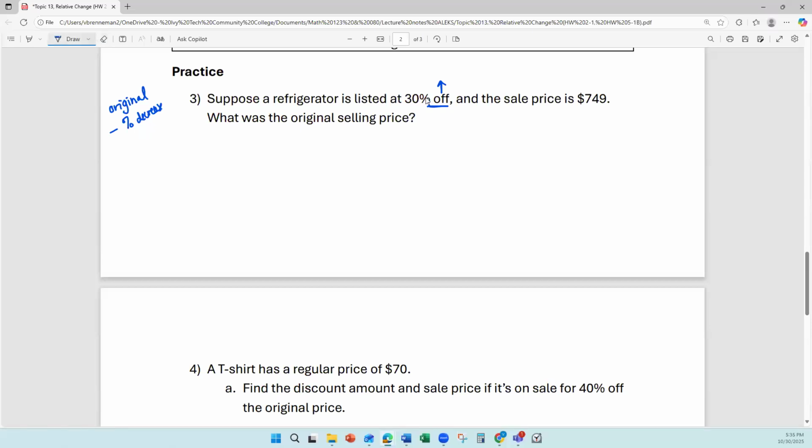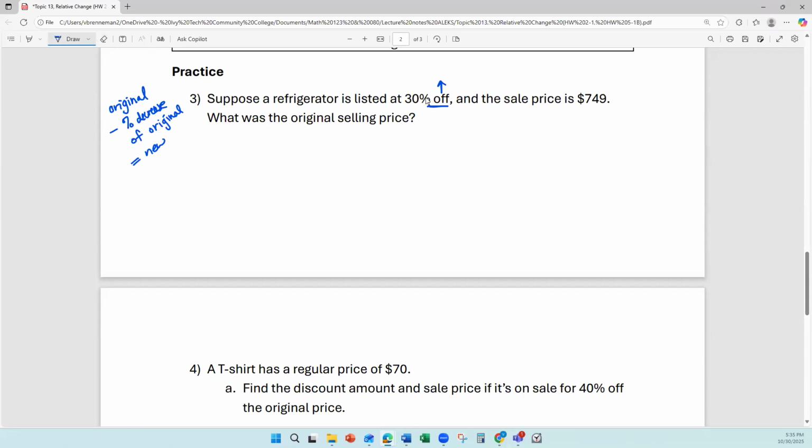So the percent change is a percent of the original value that gets subtracted from the original value to get the new value. If you don't have the original, you can't use the percent decrease as a percent of something.